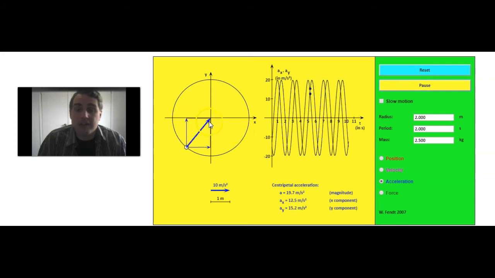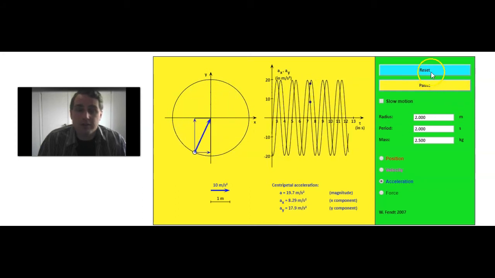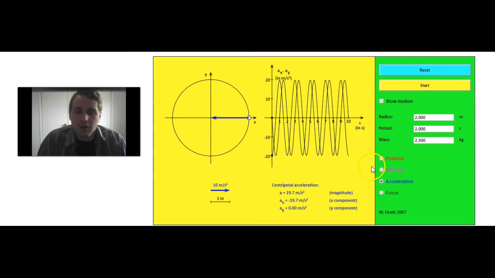And again, it's still directed inward towards the center. Okay. All right. So this is what we mean by uniform circular motion of a particle in a situation where the path is only a circle. That's uniform circular motion by definition.